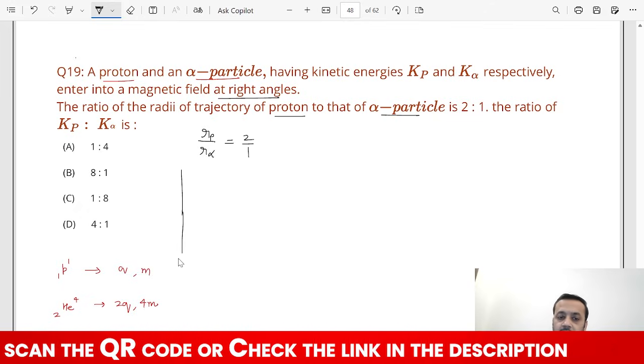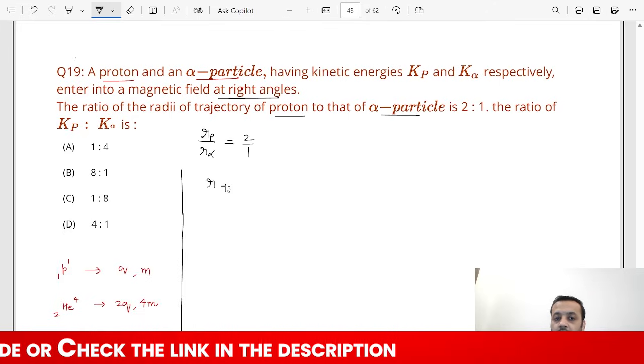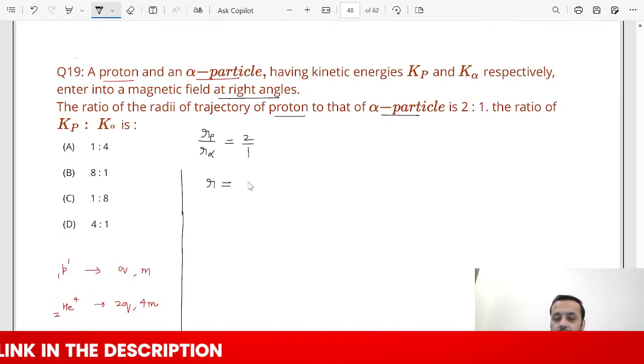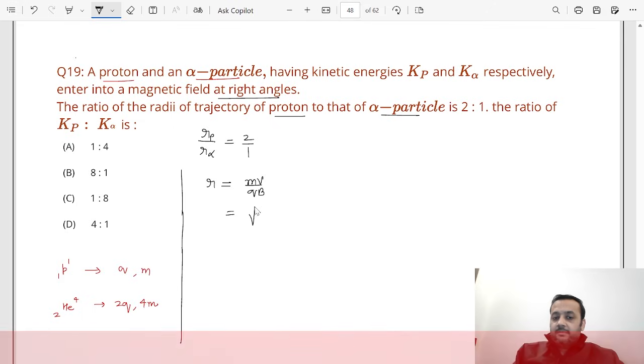Now remember that the radius of circular motion in a magnetic field is what? mv by qB, right? mv is the linear momentum, so we can write mv as under root 2 times m times kinetic energy, upon qB. Now if I take the ratio, r of proton upon r of alpha, magnetic field is the same for both, so it will get cancelled.